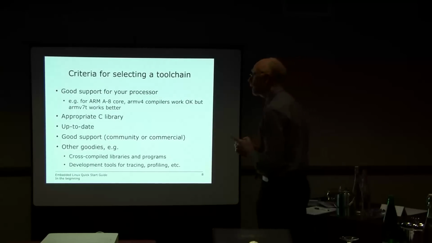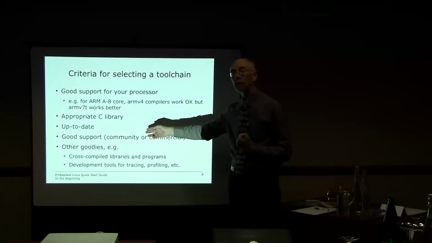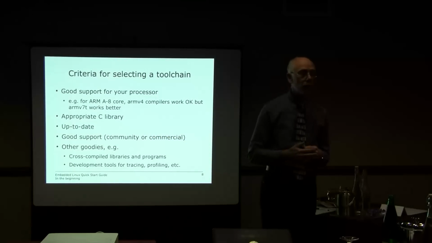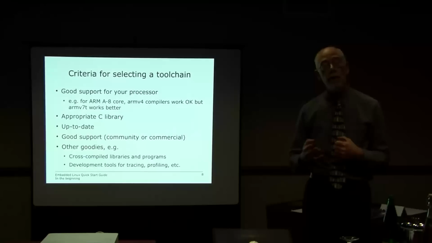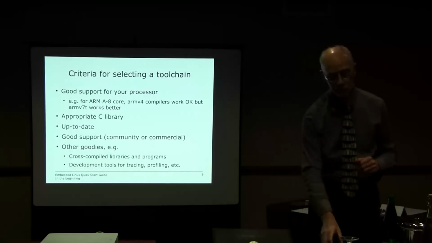If you are getting a toolchain from a community-based project, such as Open Embedded, for example, then again, have a look and see what their support policies are. Will they keep it up to date? Will they give you bug fixes, etc.? All of these things you need.